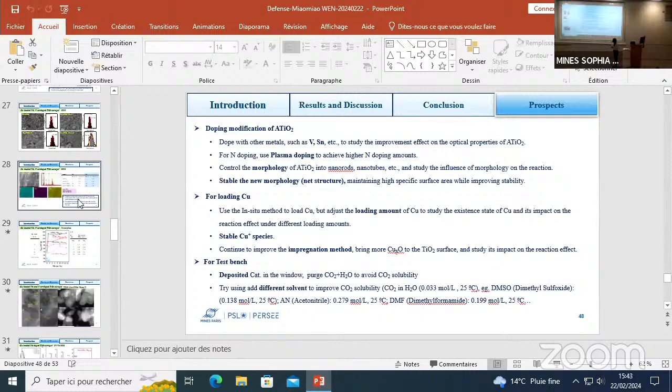I'm sorry, the connection is bad. I didn't hear the question clearly. At the end of the supercritical step, you obtain an aerogel, a powder? What is the texture?